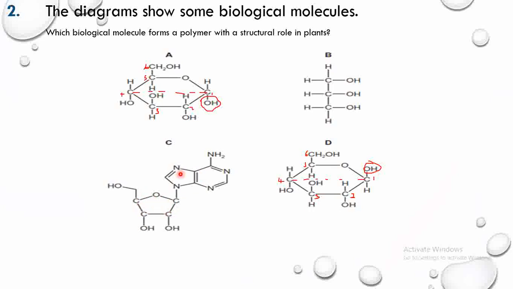This is a nitrogenous base. So this is just adenosine. There's no phosphate group here. It doesn't play a structural role in plants. But this is beta glucose, because the OH attached to the first carbon atom is above the plane of the ring structure. So beta glucose is a monomer of cellulose, and cellulose plays a structural role in plants. So the answer is D.